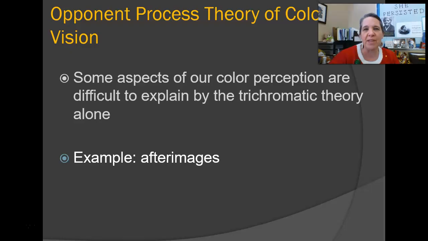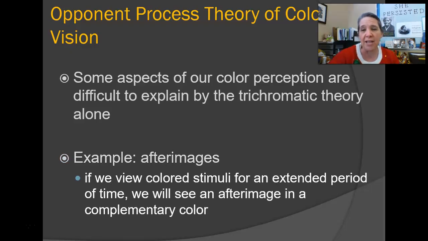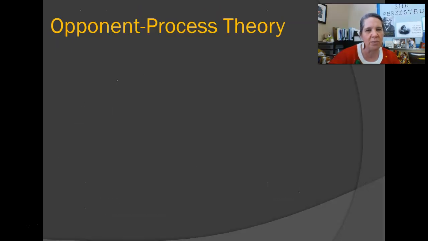An example of something that is not explained is the concept of after images. And again, in class tomorrow, we'll do a demonstration on what we mean by after images. So if you view a particular colored stimulus for an extended period of time, you'll see an after image in a complementary color, in a different color. And like I said, I'll demonstrate this in class for you so you understand what we mean by this.